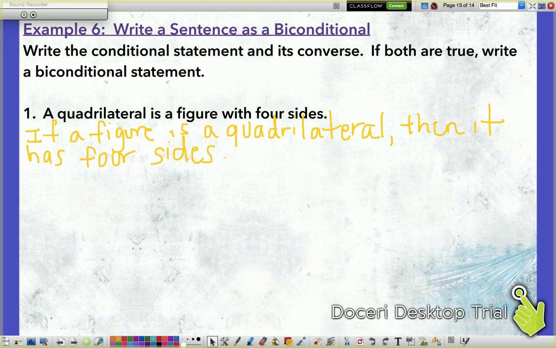Okay? And that's true. A quadrilateral means that it's a four-sided figure. Okay, so this is our conditional statement.